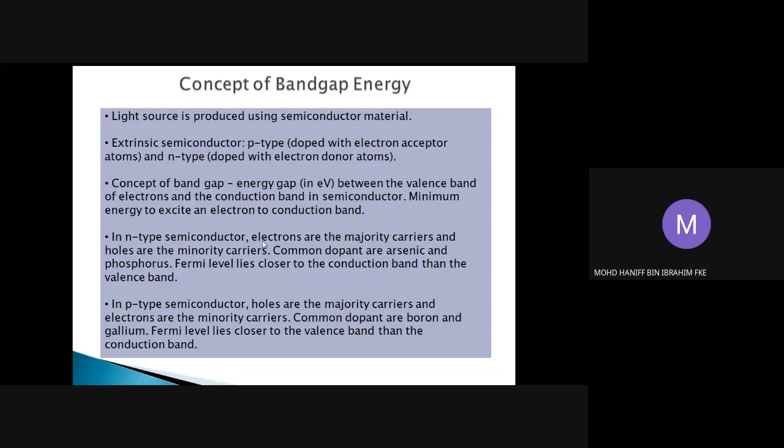I believe that you have learned about the diode, a PN junction diode. The concept of the PN junction diode that we learned in electronics is the same as the diode that we're going to learn in this chapter.